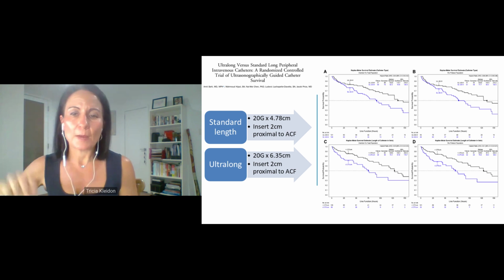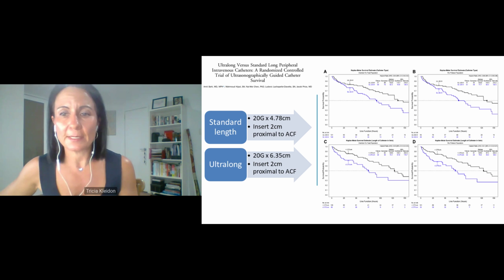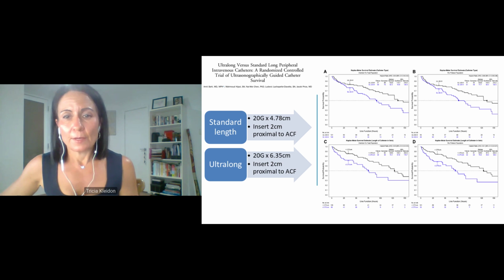And this was compared to 75 hours or 3 days in the standard length catheter group. So when less than 2.75 centimetres was within the vein, the dwell again was longer, as was the risk of failure. So the difference in dwell was about 54 hours, and this is quite significant when you consider how many PIVCs are going to be needed over the course of a patient's treatment therapy.